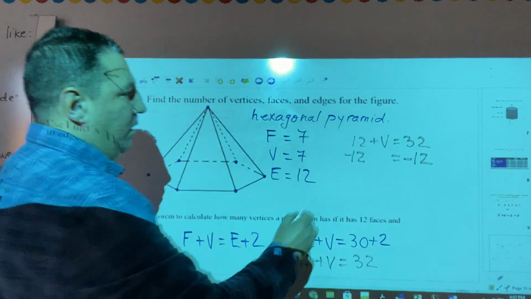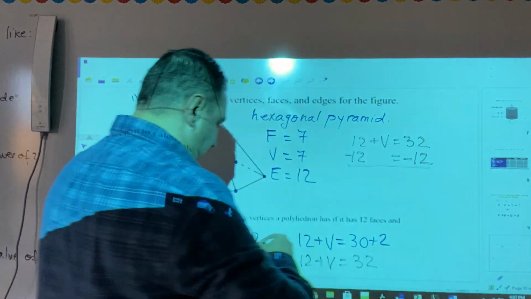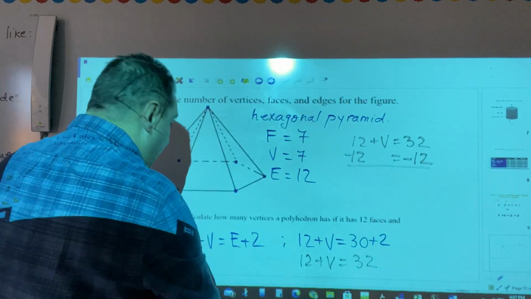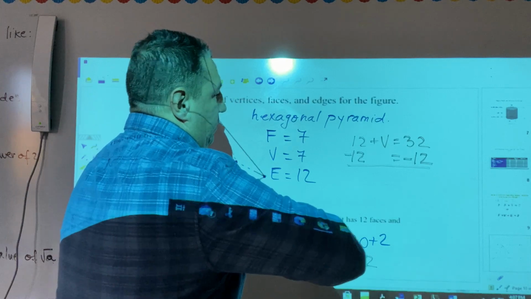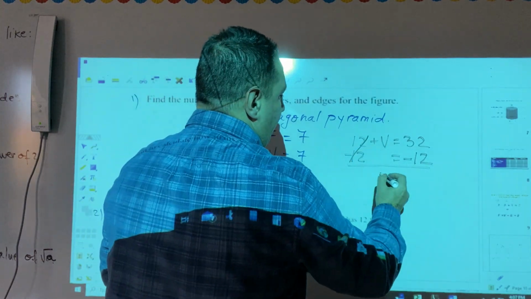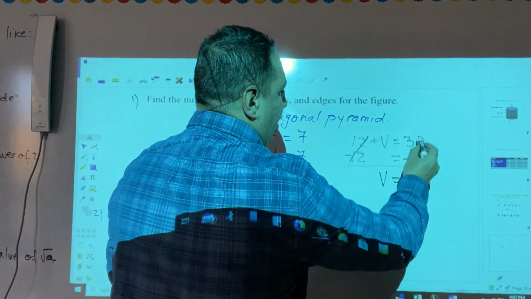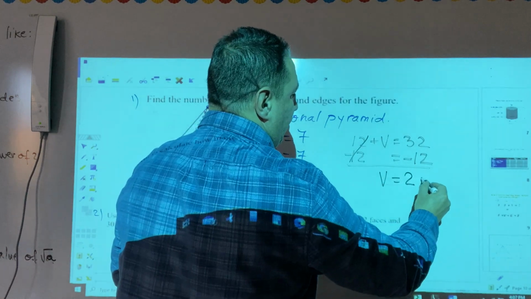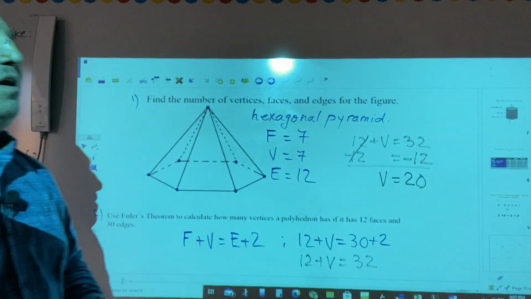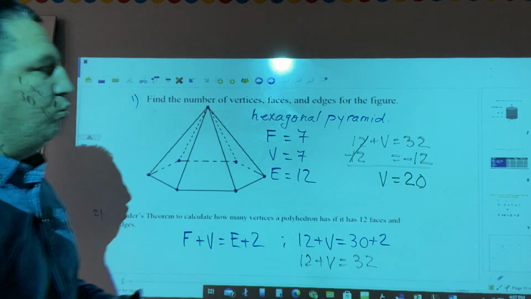And we get V would be 32 minus 12 equals 20. So the number of vertices would be 20.